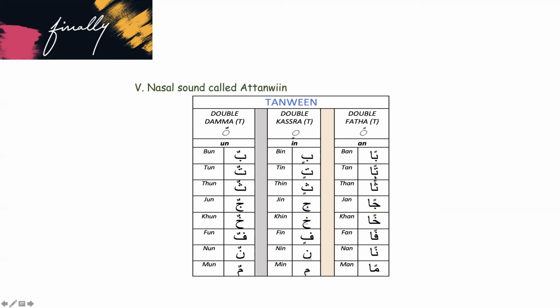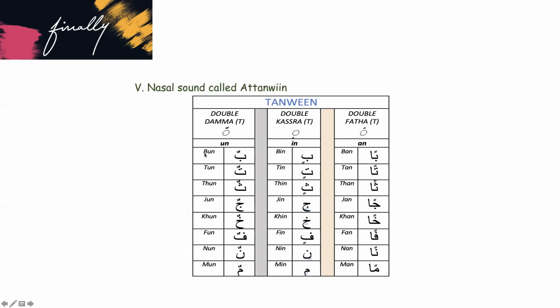So let's apply it to the letters. Here we have ban, tan, than, jan, khan, fan, nan, man. Second chart: bin, tin, thin, jin, khin, fin, nin, min.